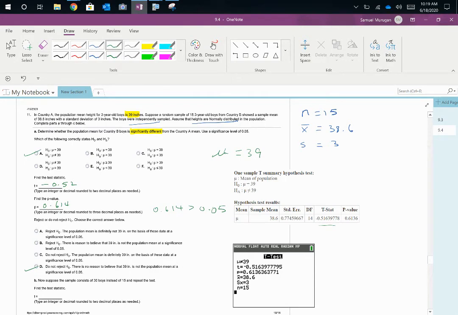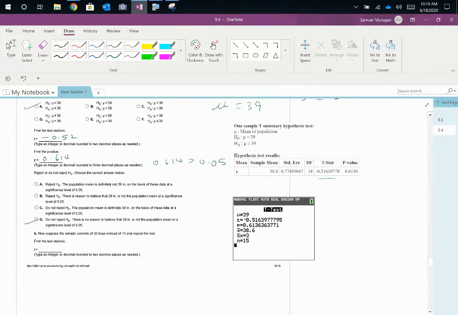There is no reason to believe that 39 is not the population mean at the significance level of 0.05. Okay, there's no reason to reject that null hypothesis.